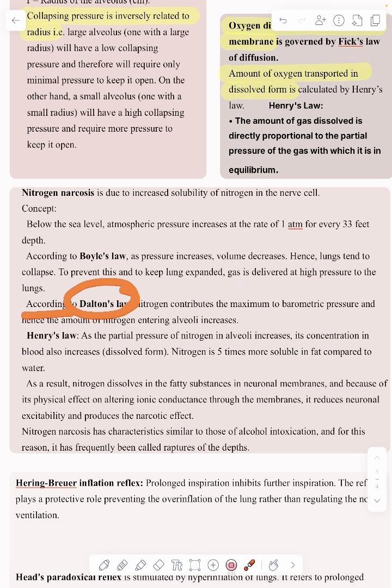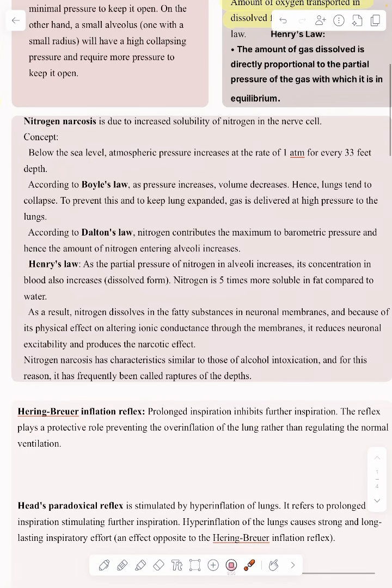According to Dalton's law, nitrogen contributes the maximum to barometric pressure, and hence the amount of nitrogen entering the alveoli increases. Henry's law states that as the partial pressure of nitrogen in the alveoli increases, its concentration in the blood also increases in dissolved form.